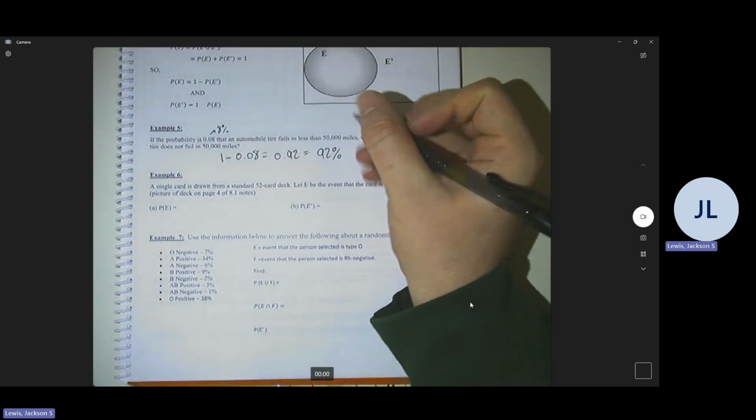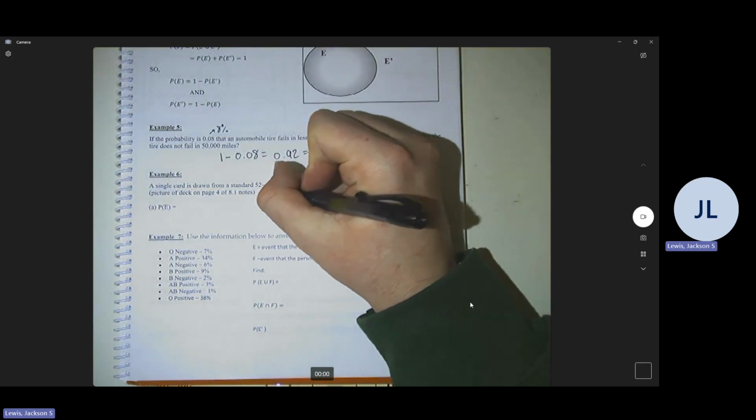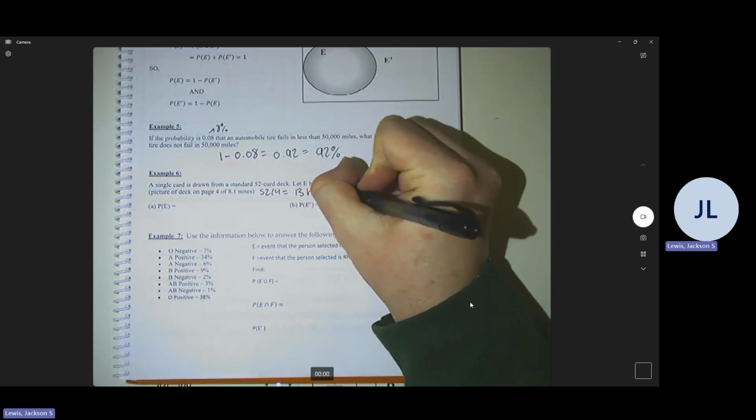So a single card is drawn from a standard 52 card deck. Let E be the event that the card is a heart. So how many hearts are there in a deck? Well, there's 4 suits in the deck, so it is 52 divided by 4, which is 13 hearts.